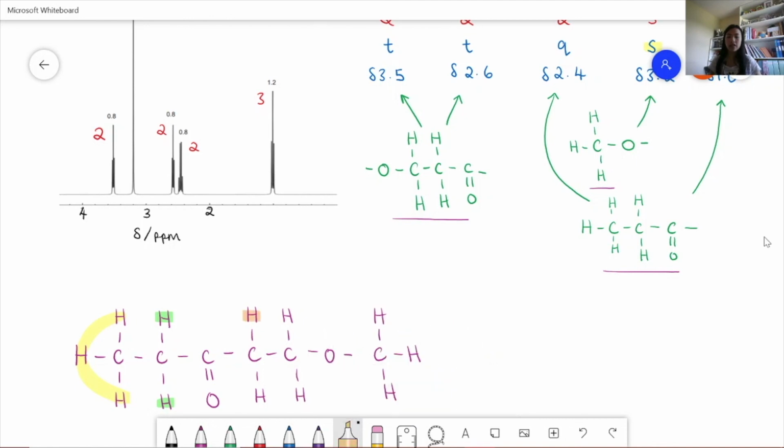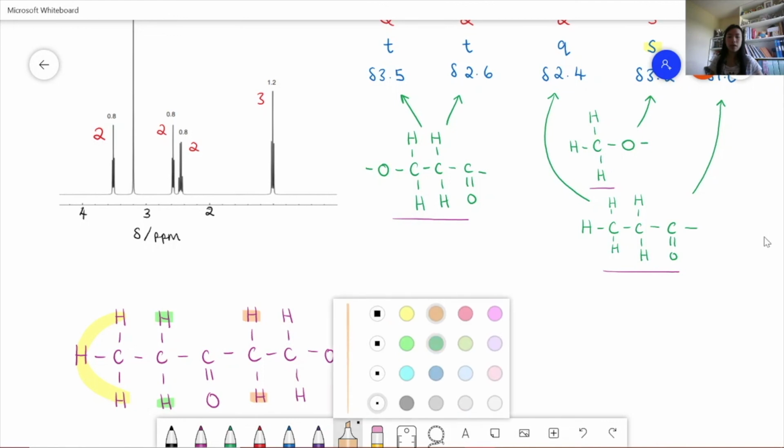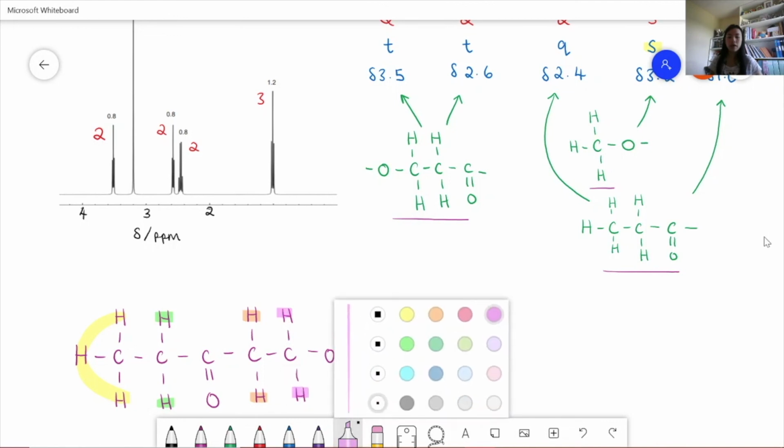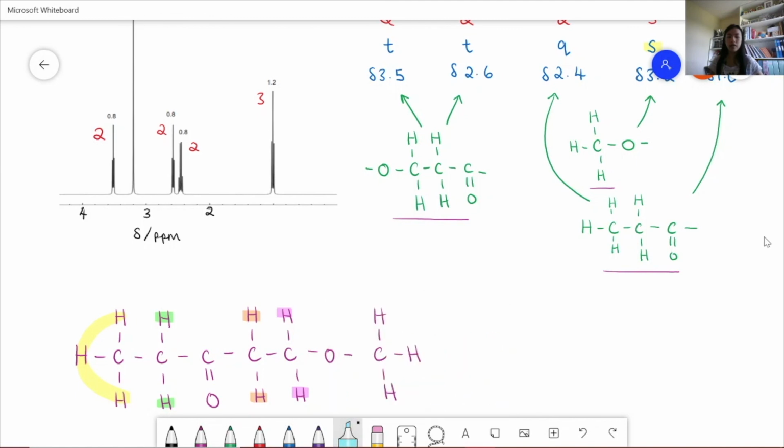And then we have these 2 in the same environment. And then these 2. And then finally, these 3. And so that means we would have 5 peaks, which we do in our spectra, because we have 5 different environments.